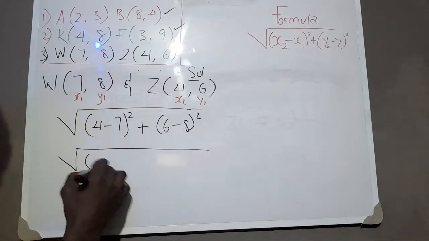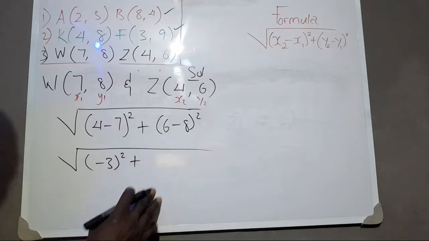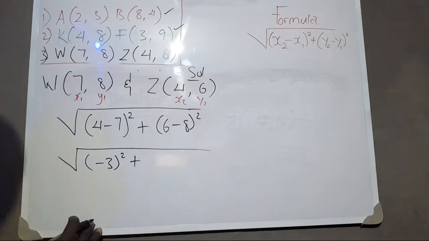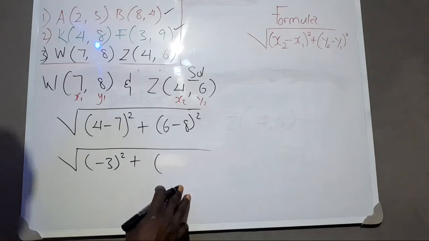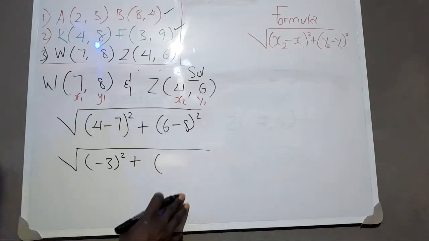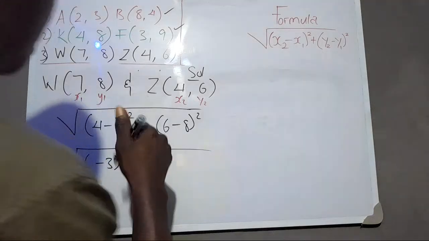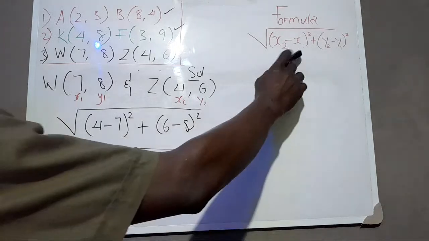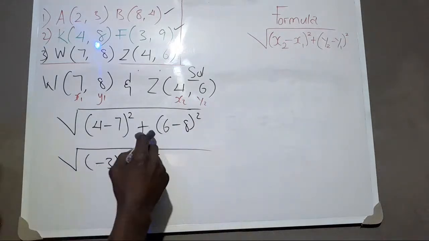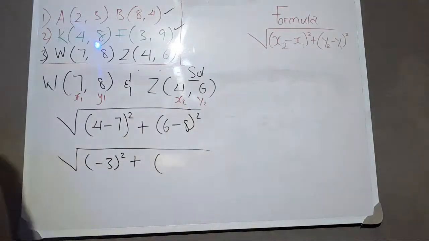Then we have negative 3 squared plus... Okay, we have our x2 which is 4, we are right. Our x1 which is 7, we are right. Then our y2 which is 6, and our y1 which is 8, so we are right.